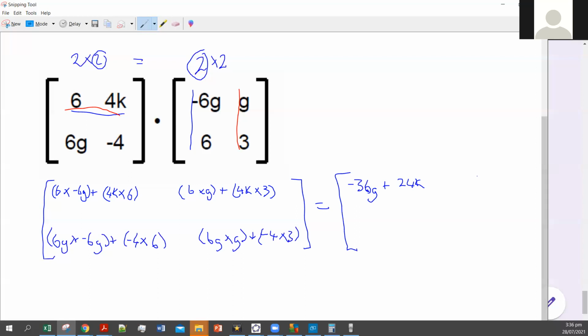Then on the second one, we have 6g plus 12k. And then for the bottom parts, we have minus 36g squared.